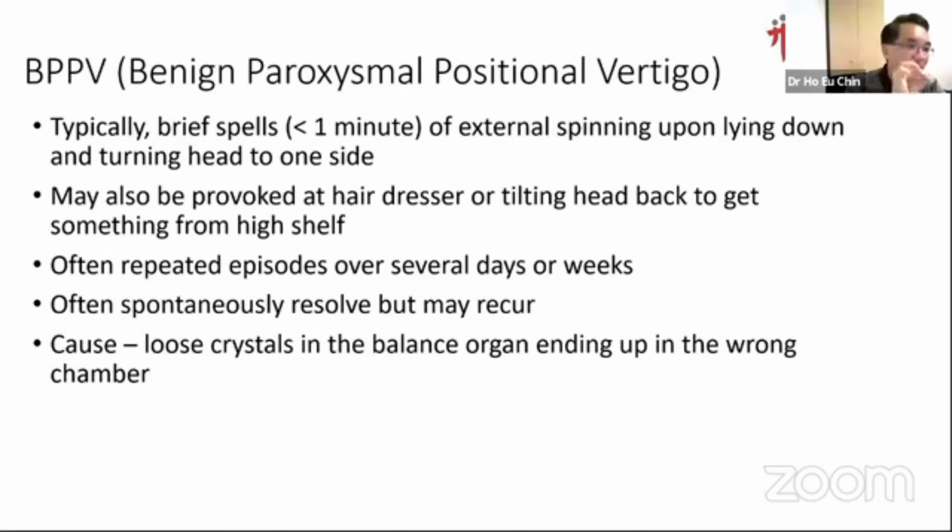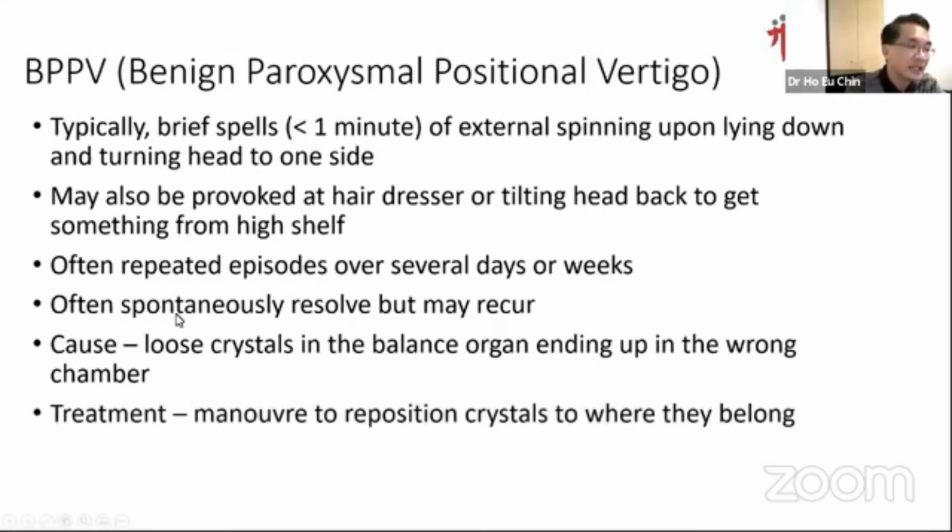But as we get older, or if we have any trauma or injury to the head, these crystals can break loose. And as long as the crystals remain within the two chambers that are supposed to contain the crystals, you don't have a problem. But if they were to start floating to the other three chambers, because they are all interconnected, that's when you can have the symptoms.